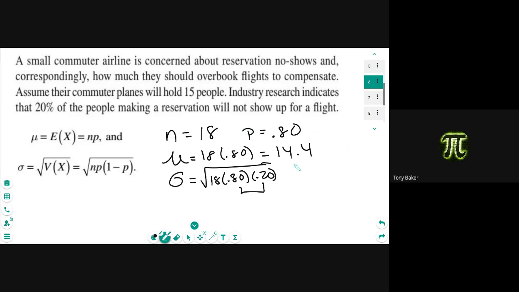So this comes out to be 1.70. We good so far?